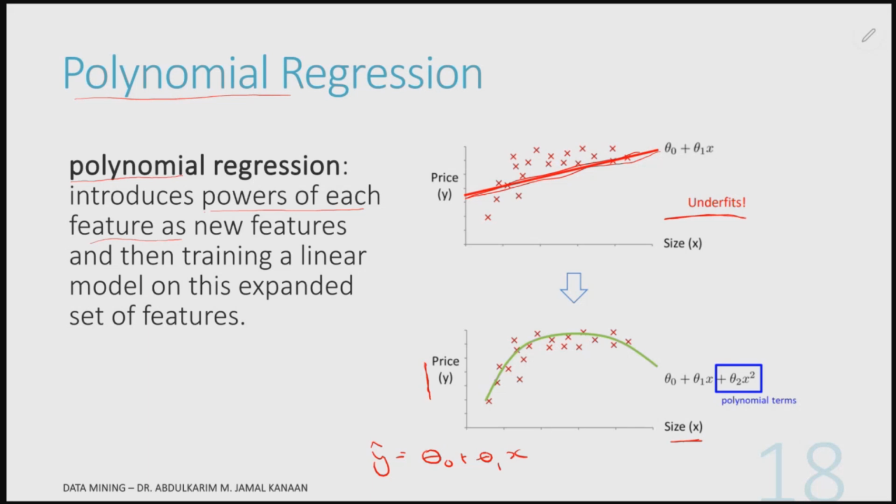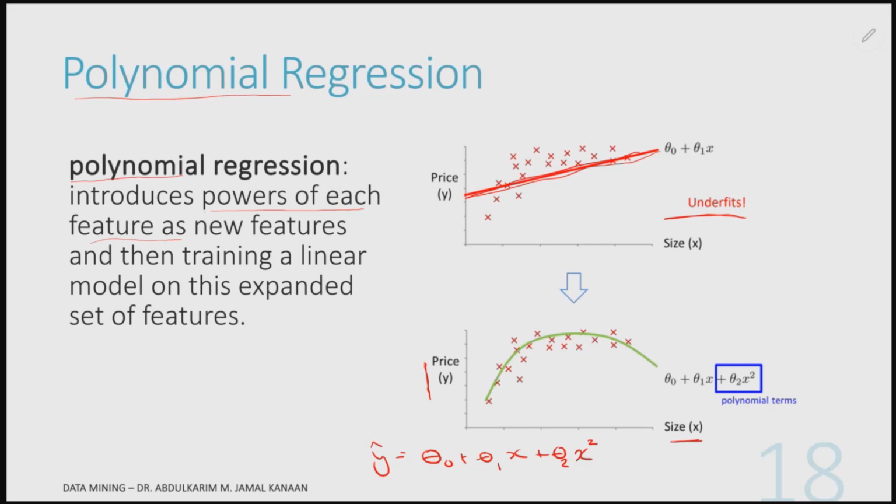Since the data has the shape of a polynomial, we need to introduce powers. So we take x again, but we raise it to the power of 2. It's the same feature. We don't have two input features; they stem from the same feature.